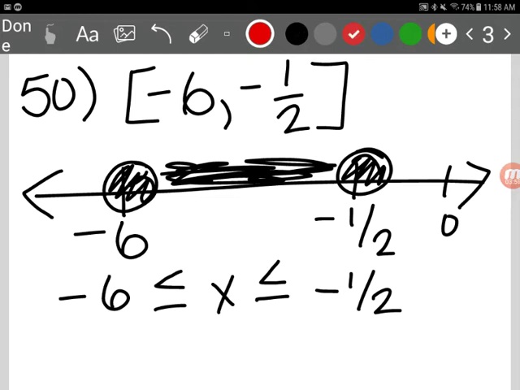But I want you to notice how I read it. I read X and then I read to the right. Then I went back to X and I read to the left. So I said X is less than or equal to -1/2. Then I went back to X and it says X is greater than or equal to -6. So start in the middle where X is and read to the right, then read to the left.